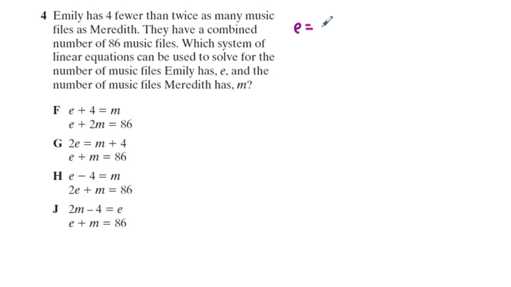E equals number of Emily's files. And then we have M is equal to number of Meredith's files.